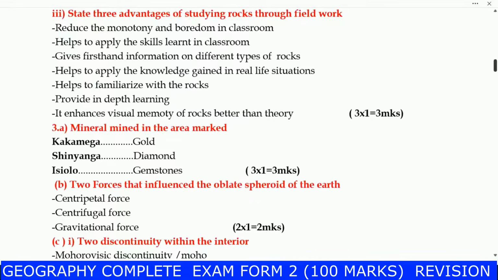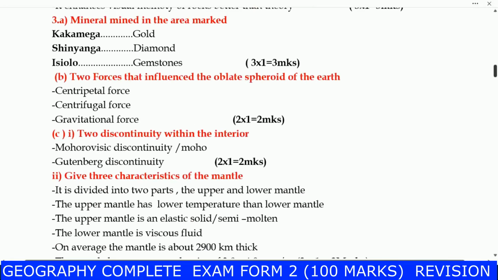Question number 3A, you are told, mineral mined in the area marked Kakamega is gold, Shivanga is diamond, Isiolo is gemstones.